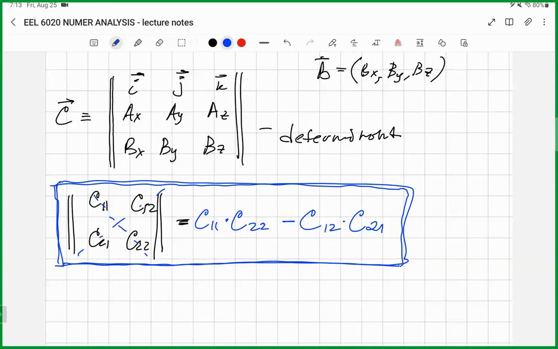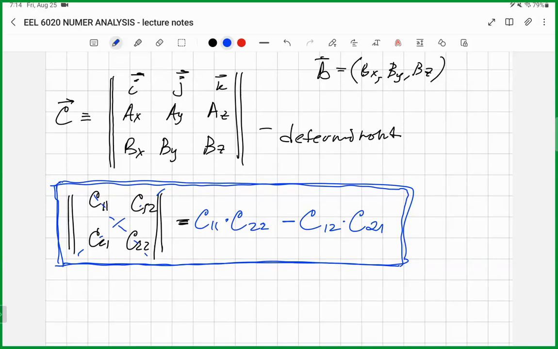It means that if this matrix describes some physical quantity, and when I rotate the coordinate system the components of this matrix change, the determinant is invariant, it doesn't change upon coordinate system rotations.